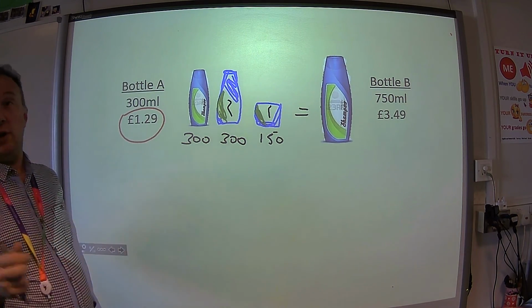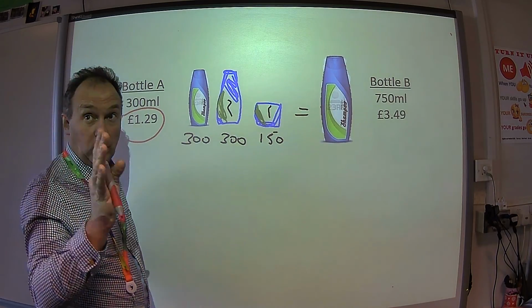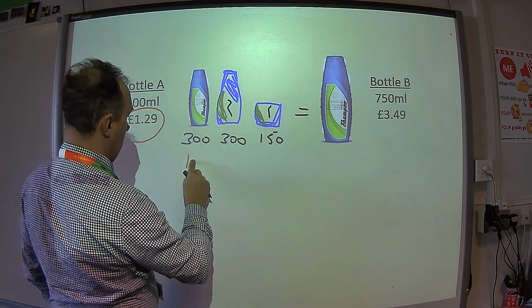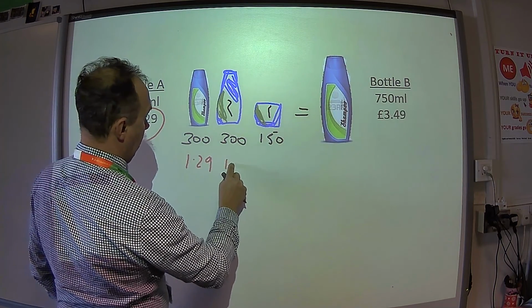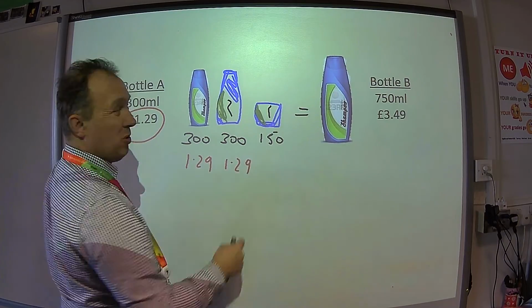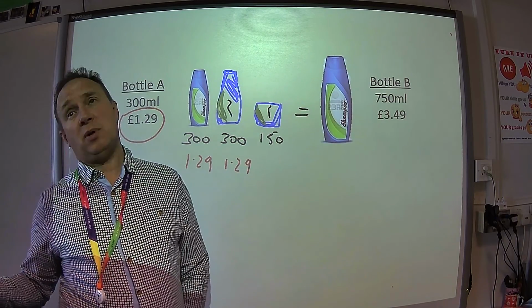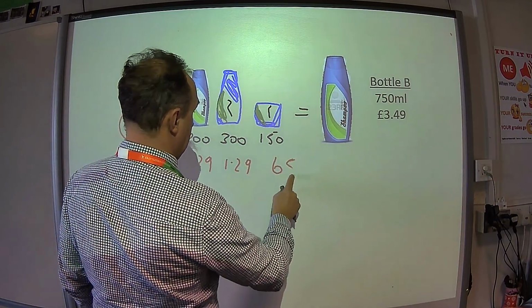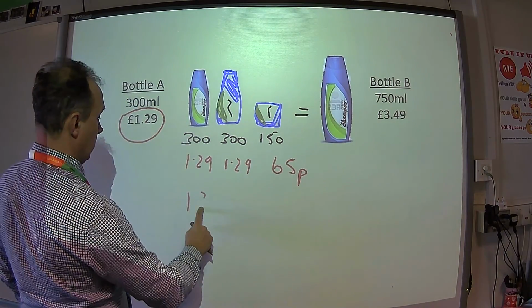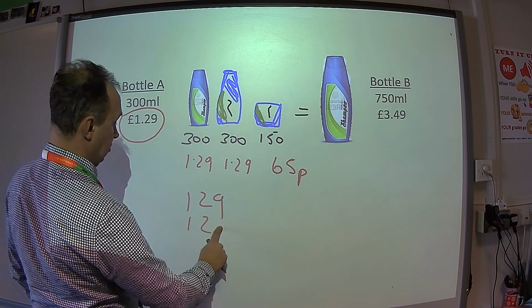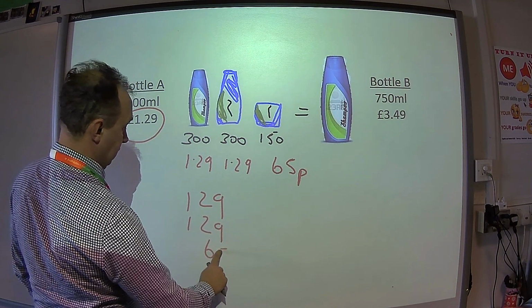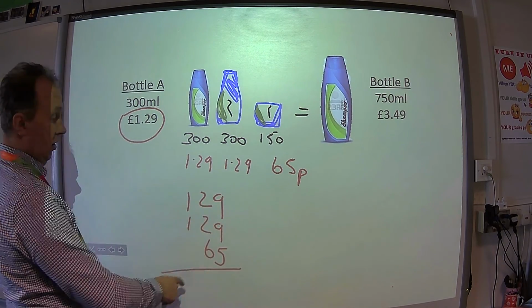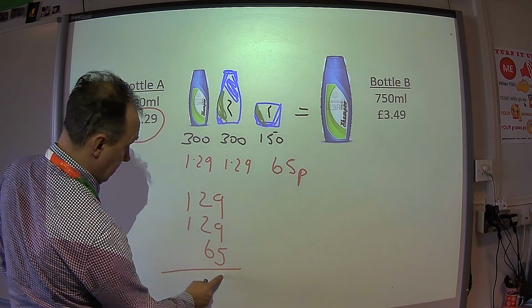I've got £1.29, that's the cost of one bottle. So I can put in £1.29, add £1.29, add, well I can't cut 129 in half, I'll cut 130 in half and round it up, that's going to be 65p. So I've got 129 pence plus another 129 pence plus 65 pence. 9 and 9 is 18 and 5 is 23.